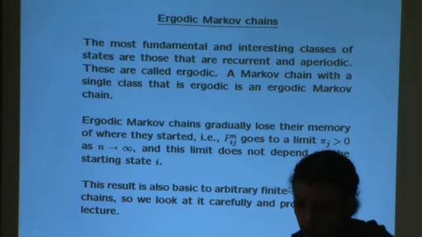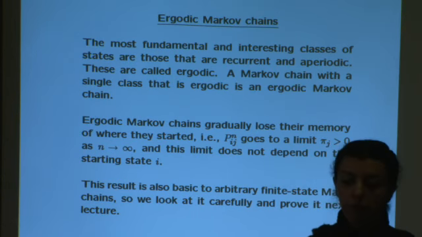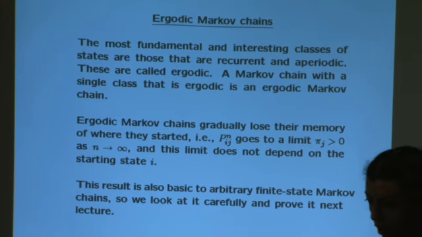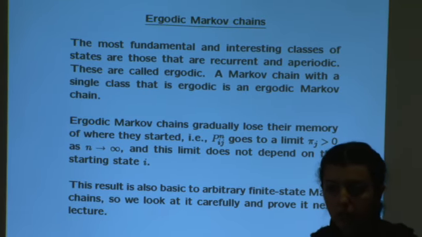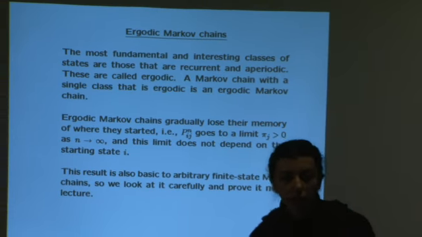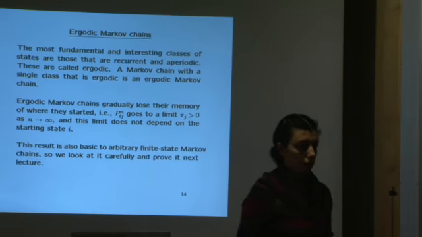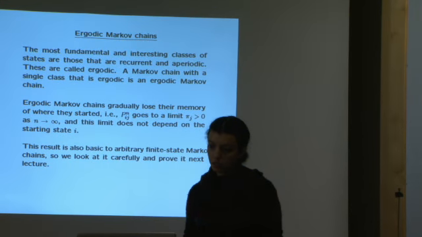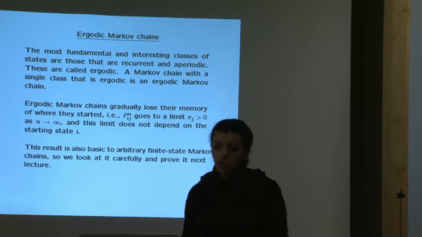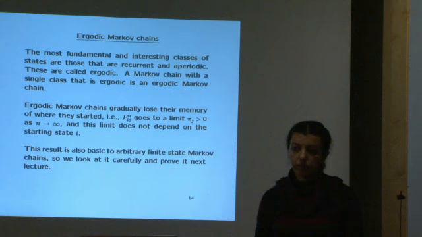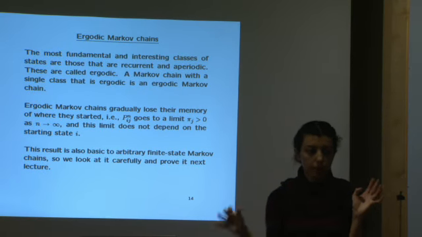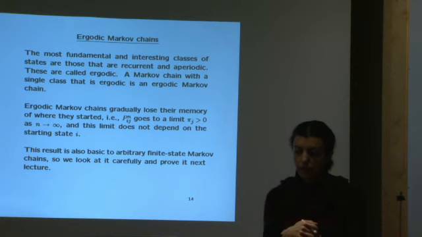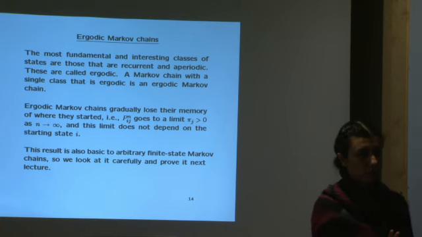So one of the most fundamental and interesting classes of states are the states that are called ergodic, meaning that they are recurrent and aperiodic. So if I have a Markov chain that has only one class, and this class is recurrent and aperiodic, then we call it an ergodic Markov chain.